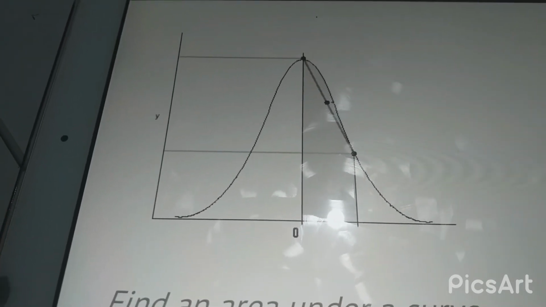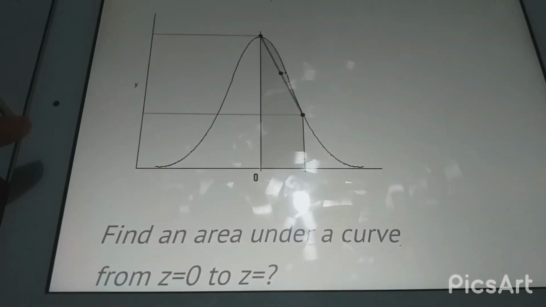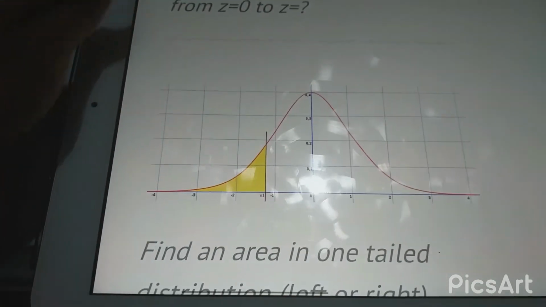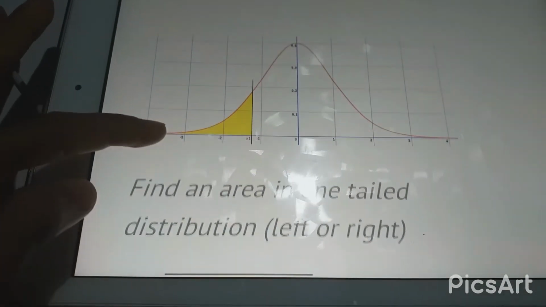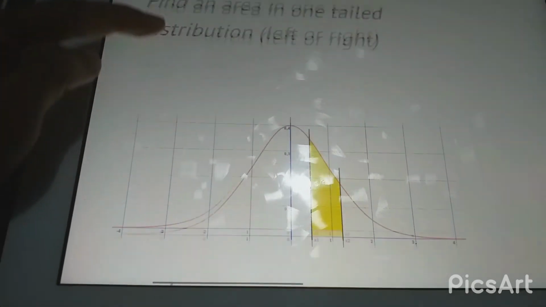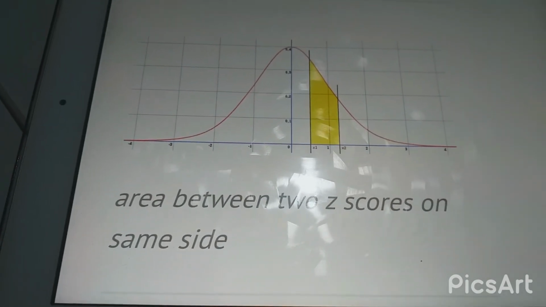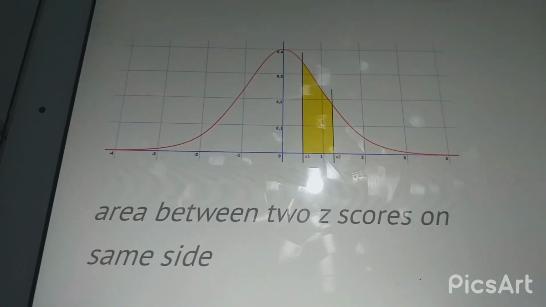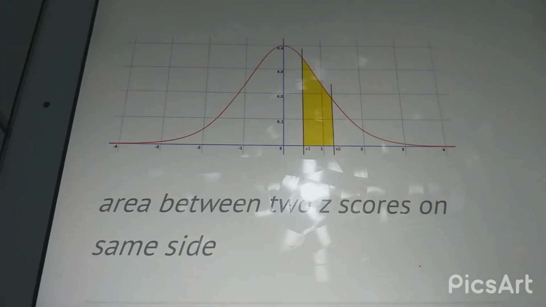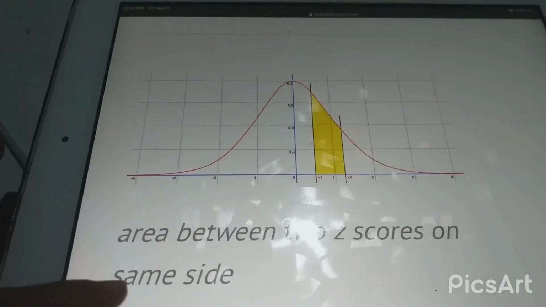Find an area under a curve from z equals 0 to z equals a value. Find an area in a one-tail distribution, left or right. Area between two z-scores on the same side.